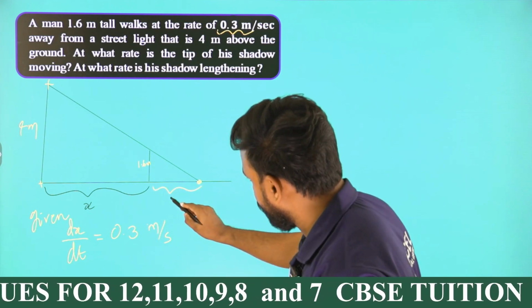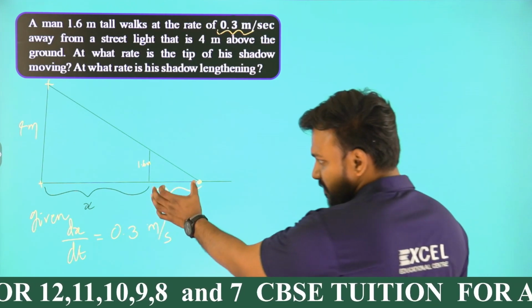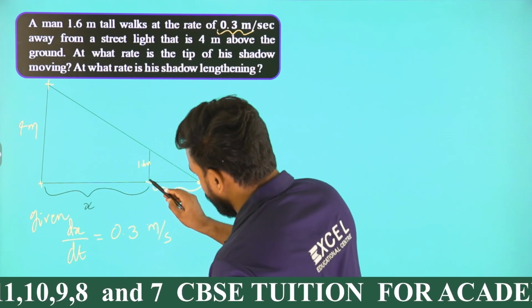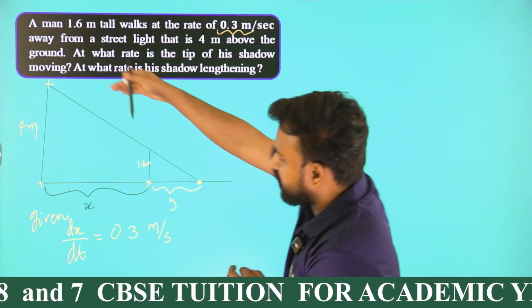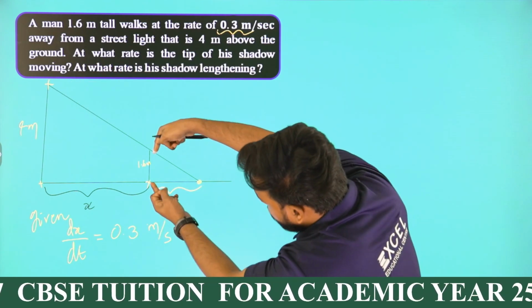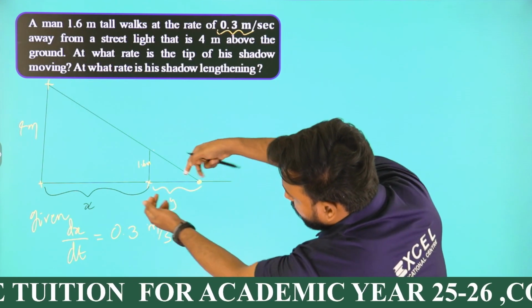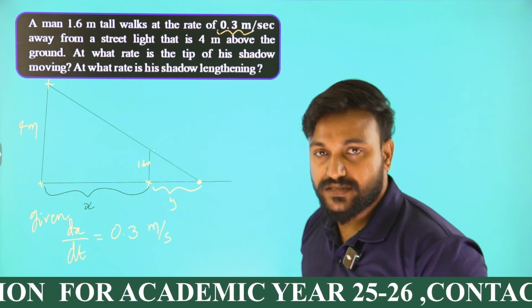This is the length of the shadow from the foot of the person to here, because the light is coming from here. The shadow of this person will be like on the floor till this distance, y distance.